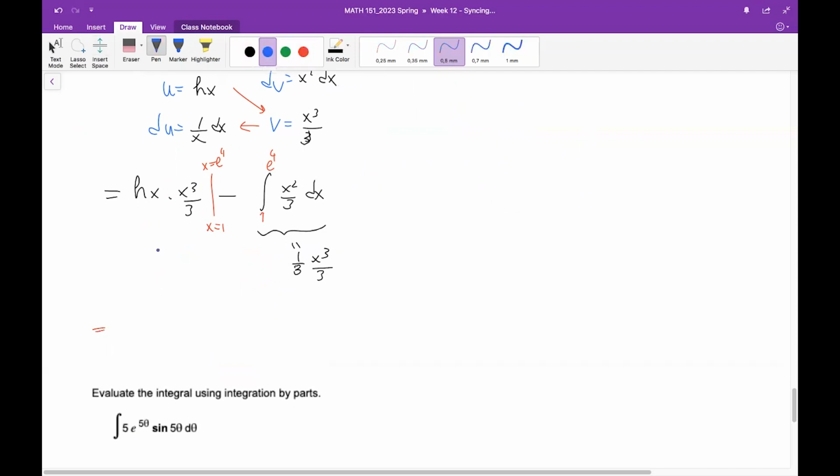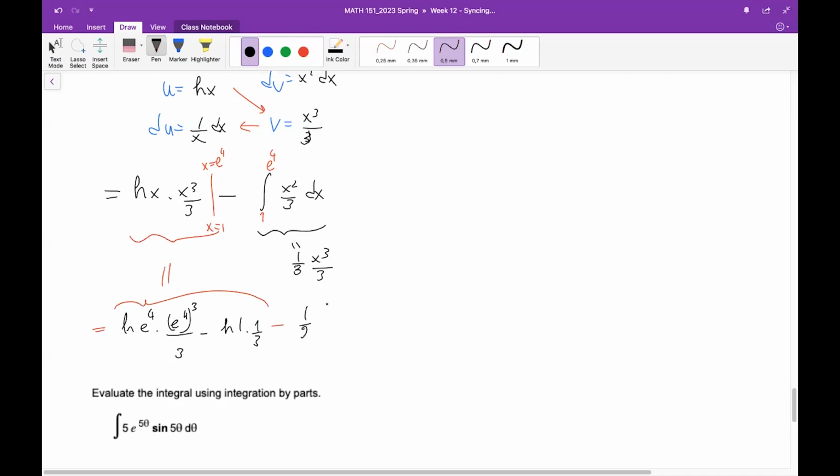You will insert e to the power 4 for x and then 1, then you will subtract ln e to the power 4 times e to the power 4 cubed divided by 3 minus ln 1 inserted over 3. This part is the result of this expression, minus now the second part.